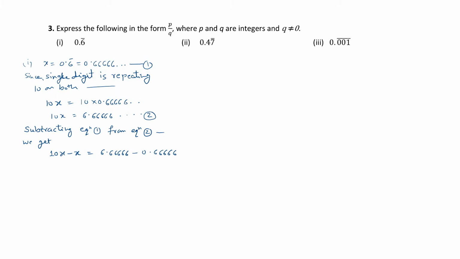Correct? So we will get 9x is equal to 6. x equal to 6 by 9. We can also simplify it: 3 into 6, 3 into 9. So x equal to 2 by 3. So this is the rational form of 0.6666.